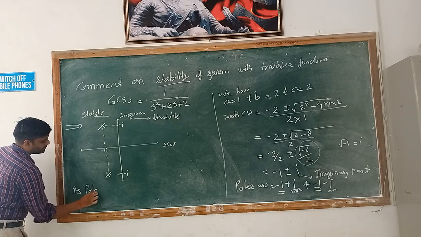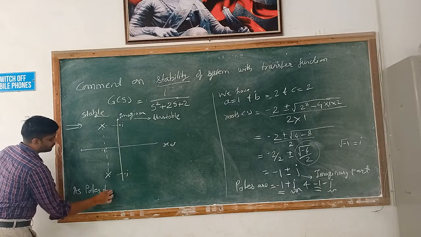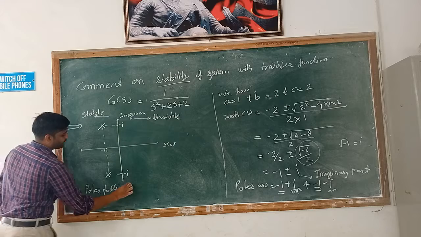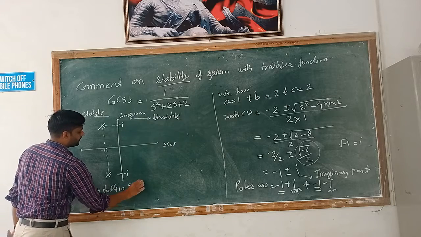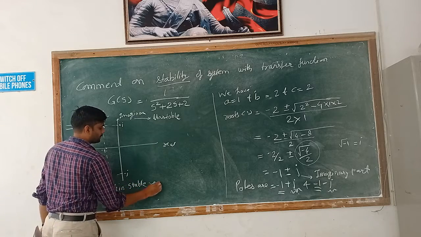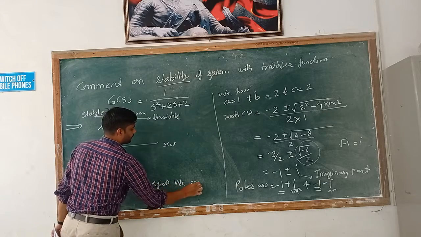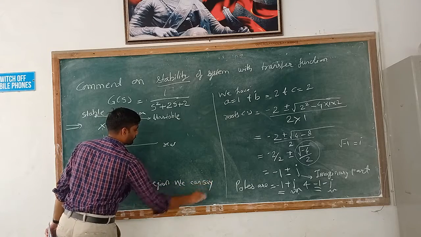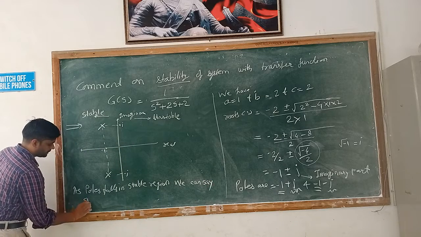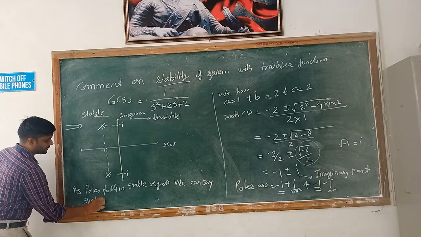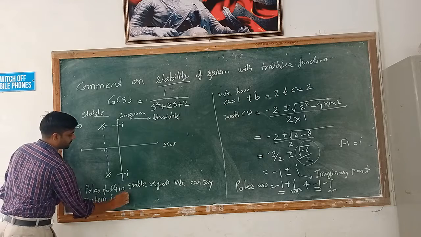So we can say as poles fall in stable region, we can say system is stable.